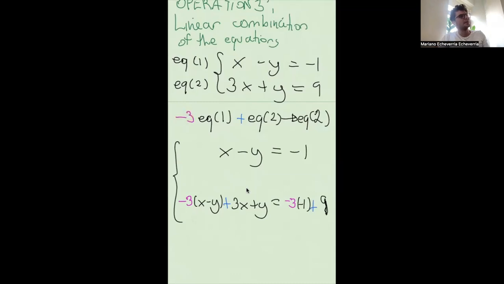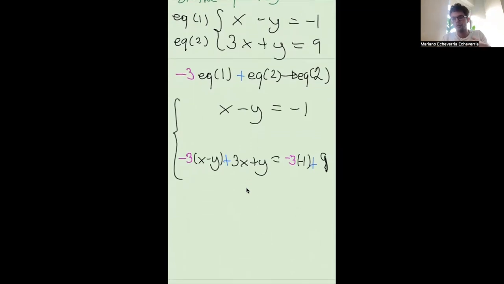So we're doing exactly the same. It's just that before doing that, we are now allowed to multiply one of the equations by a number. So it's a slightly more general way of adding equations.